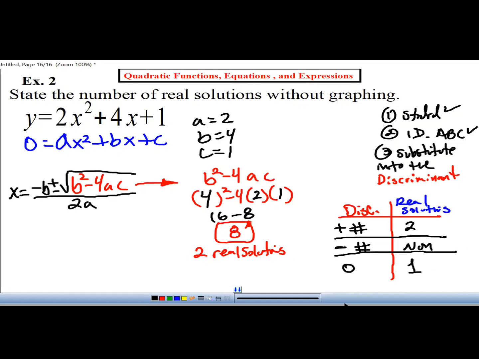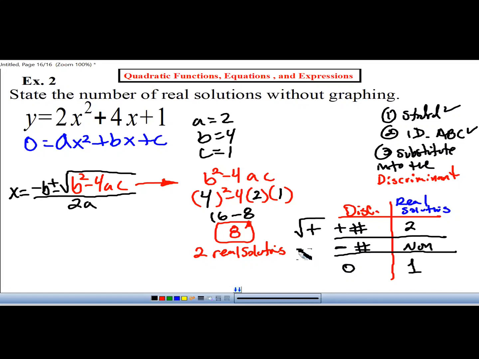And how do you do that? So look, where did we get this discriminant from? The square root, didn't we? So watch, look up. Another way of understanding this is if I write a square root right here. If I have a square root of a positive number, how many answers do we get? 2, a positive and a negative. Is that correct? Yes.